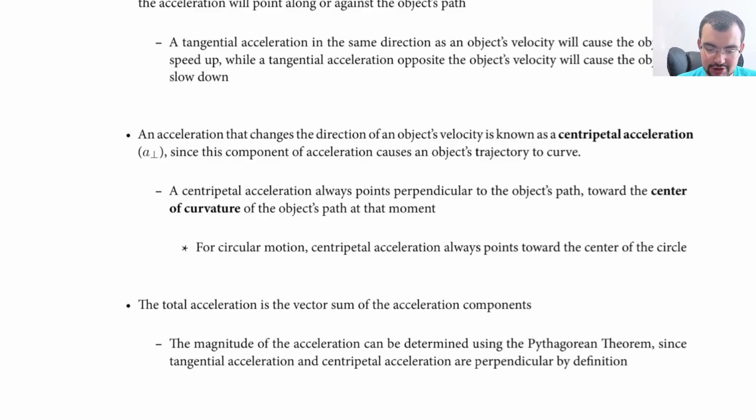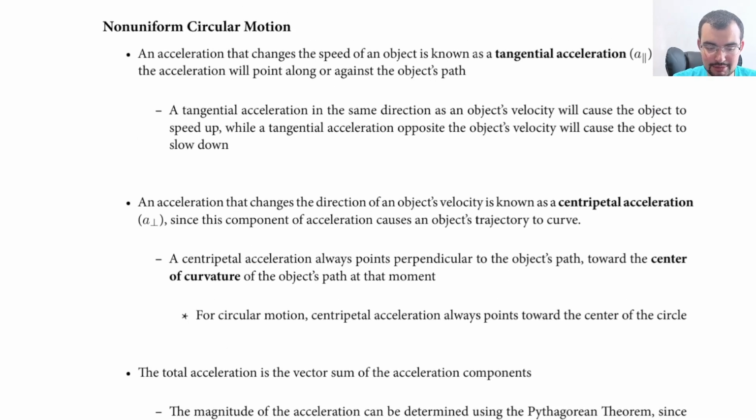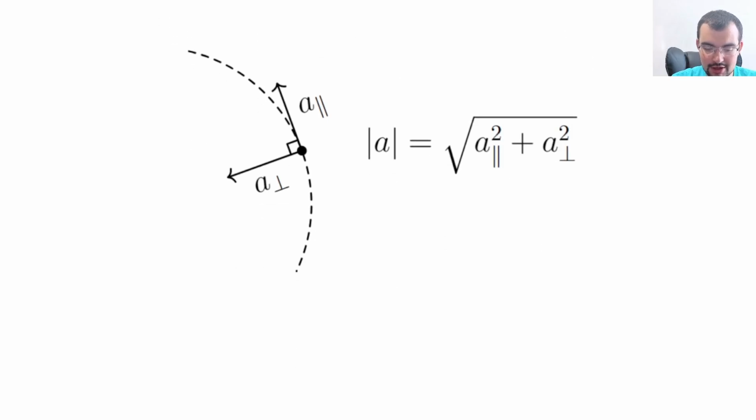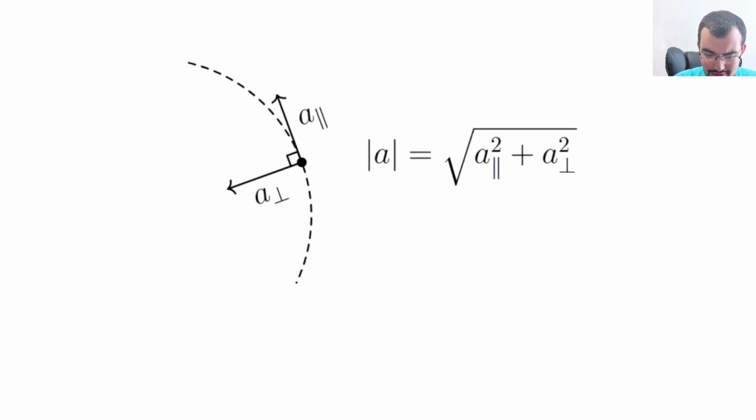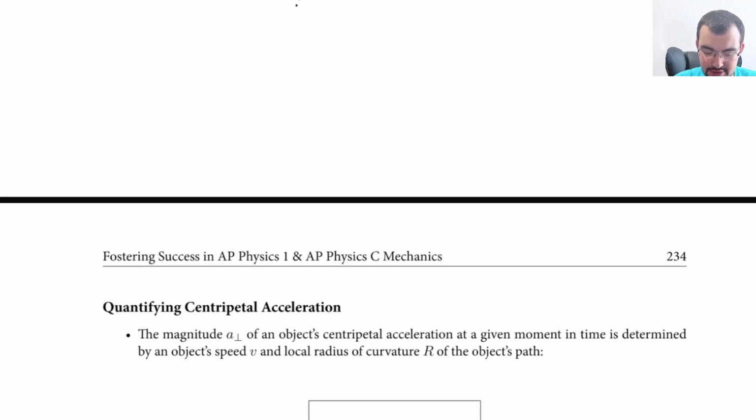A centripetal acceleration always points perpendicular to the object's path towards the center of curvature, or just the center of the circle. And the total acceleration is going to be just the vector sum of the perpendicular and parallel components. So for example, if I'm traveling around a circle and I'm speeding up, I would have a speeding up tangent component and a turning me perpendicular component, so the magnitude would just be given by the Pythagorean theorem. Anytime we split things up into parallel and perpendicular components, that of course gives us a nice right triangle to deal with. Although this is not a very common thing to have both of these.